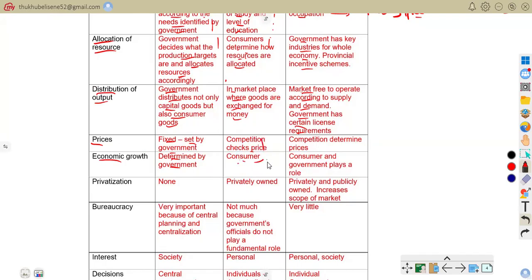But coming to the mixed economy, competition determines prices. What role do consumers and government play?